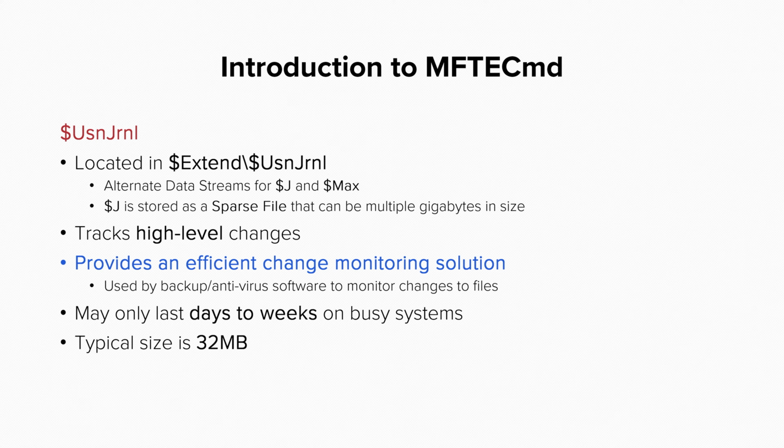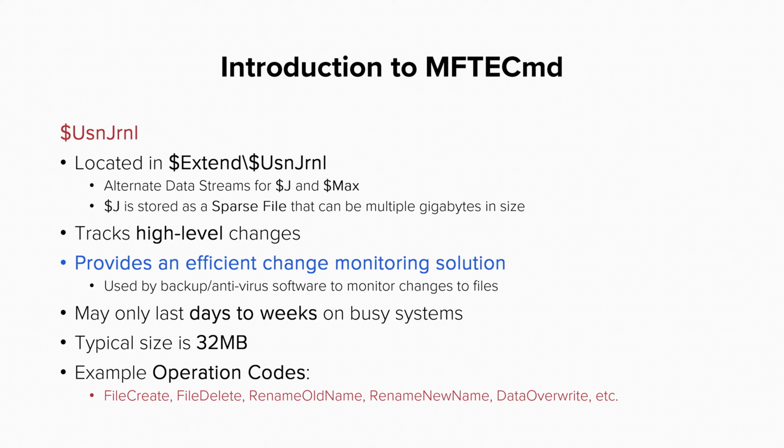The typical size is 32 megs. Some example operation codes, or opcodes, associated with UsnJrnl are things like file create, file delete, rename old name, and so on. Pretty sure that just by the name alone, you can determine what those things mean. Like, what do you think file delete means?